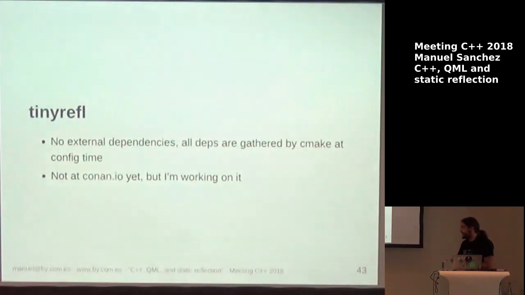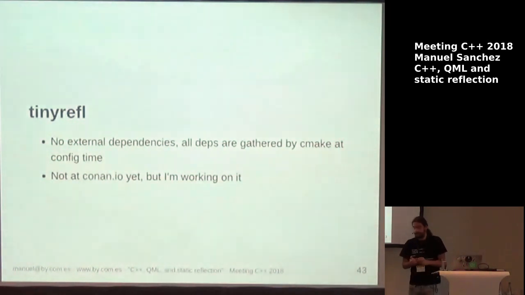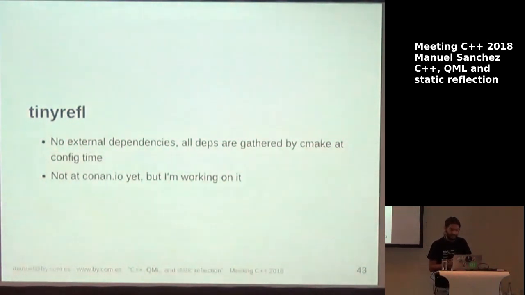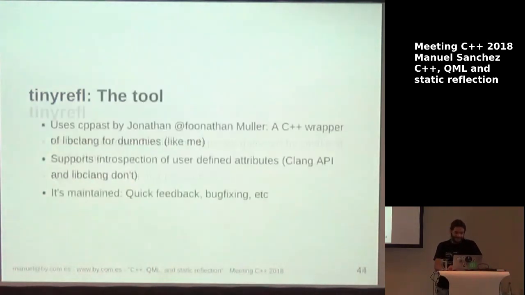But I am working on a Conan.io package. It's not ready yet, but I'm working on it. I have packages, I think, for all the dependencies, LLVM, Clang, everything, except the package of the library itself. The CodeGen tool is based on CPP-AST.